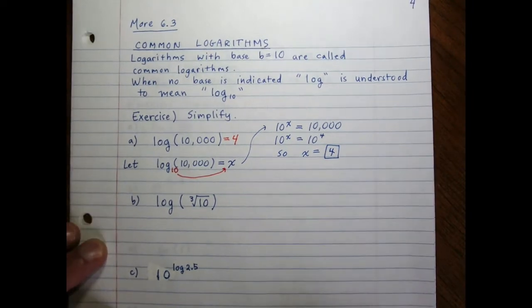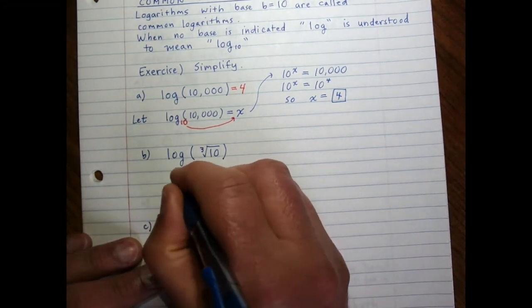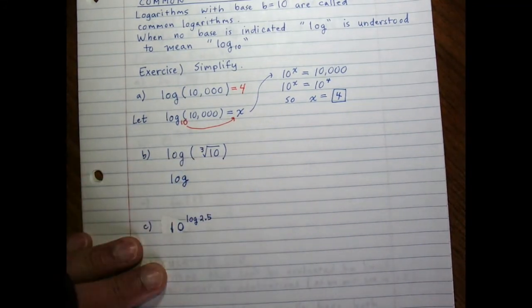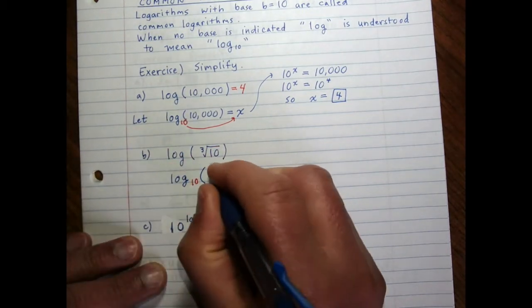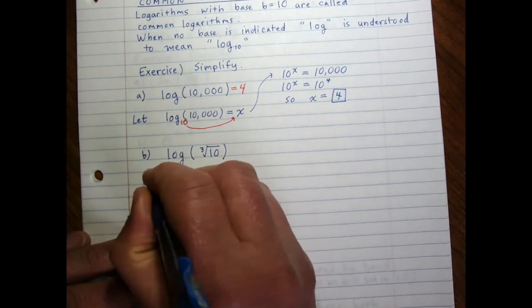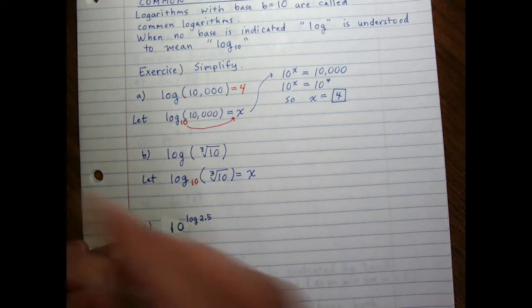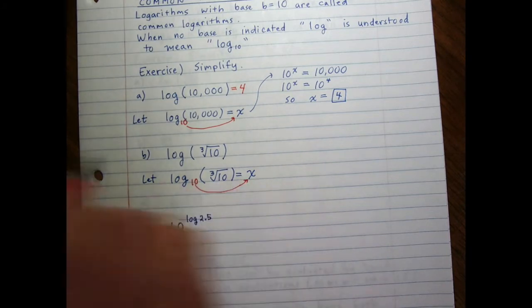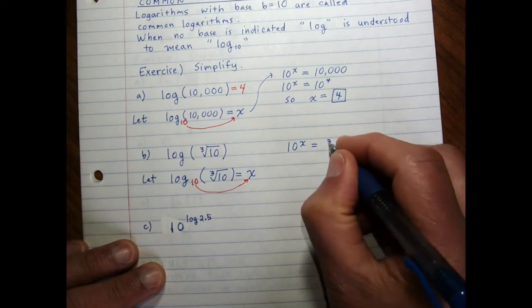Next one, B, log of the cube root of 10. So I can rewrite that as log base 10 of the cube root of 10. And I'm going to let that be equal to x so that I can rewrite as an exponential. Again, I have 10 to the x power equals the cube root of 10.